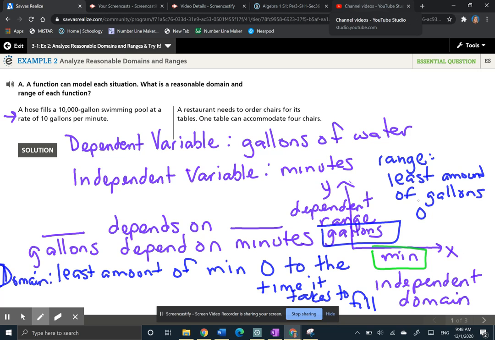Okay, that's the least amount. I can't have negative gallons of water, so the least amount is 0. Well, what is the greatest amount? The greatest amount is 10,000. So the greatest is 10,000.